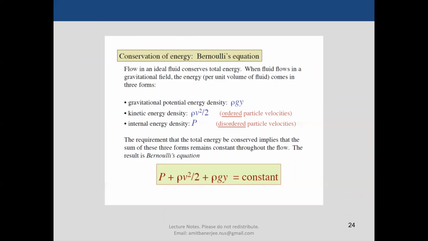It can also be said, with the same definition, that Bernoulli's equation comes from the conservation of energy. Flow in an ideal fluid conserves total energy.